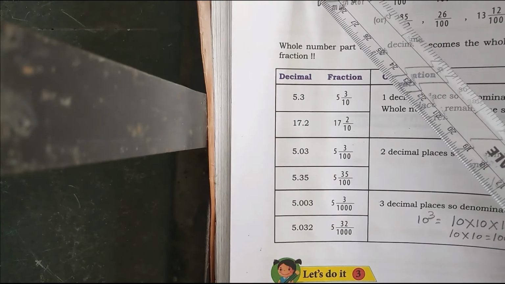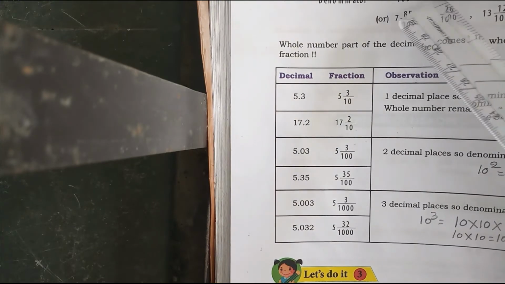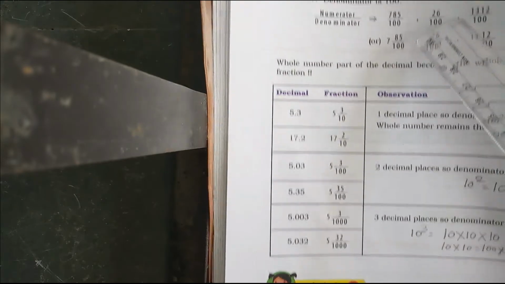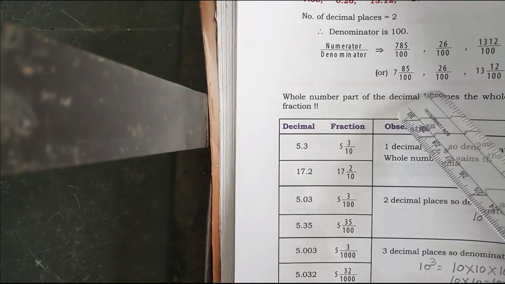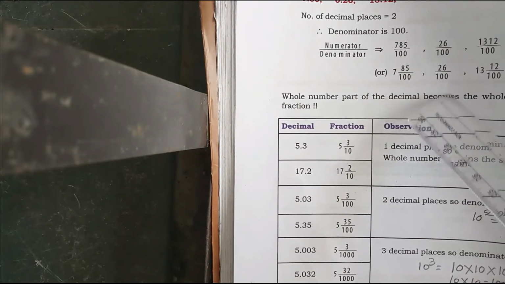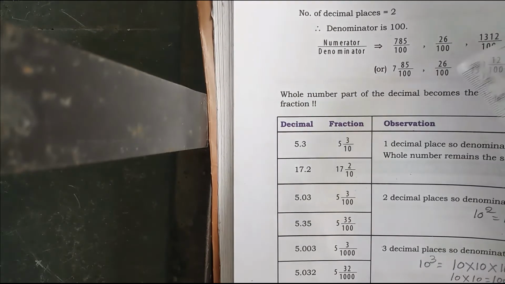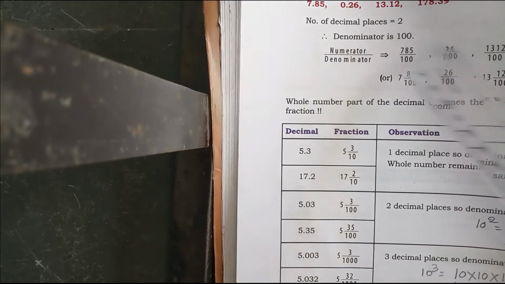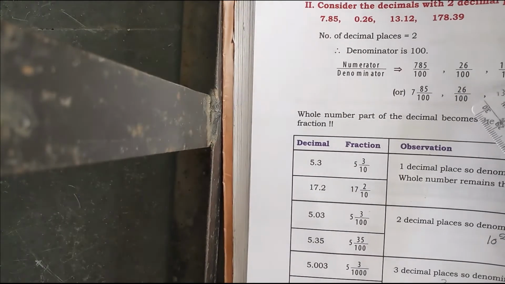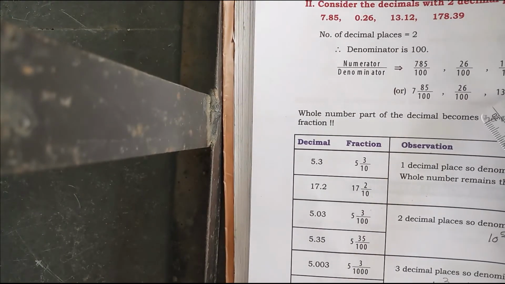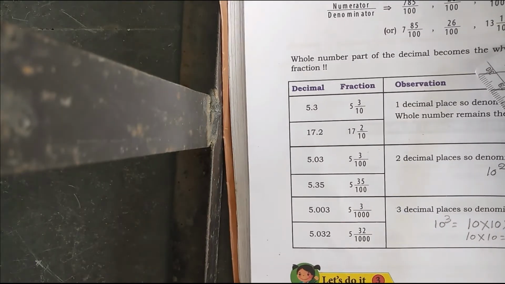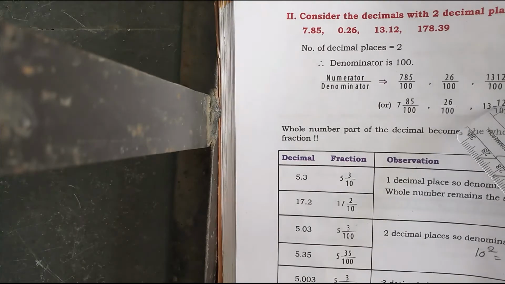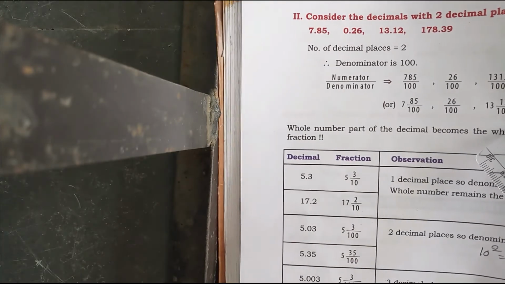For 0.26, the improper fraction is 26 by 100, and the mixed fraction is also 26 by 100. For 13.12, we write 1312 by 100, and the mixed fraction is 13 and 12 by 100.